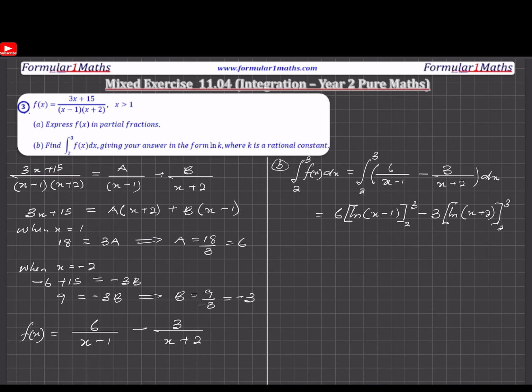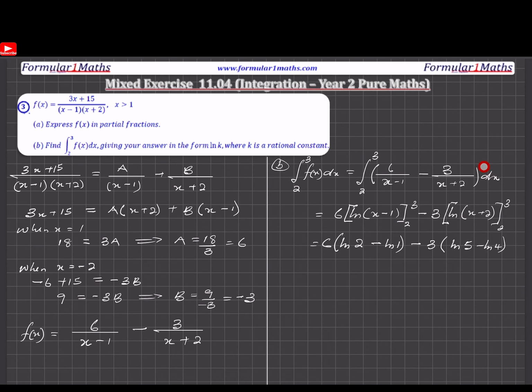So I'm going to do my substitution. I'm going to get 6 brackets ln 2 minus ln 1, because if I put 3 here, I'm going to get 3 minus 1, that's 2, and if I put 2 inside here, I'm going to get 2 minus 1, that is ln 1. And then I'll have minus, doing the same thing for this term, 3 brackets ln 5 minus ln 4.